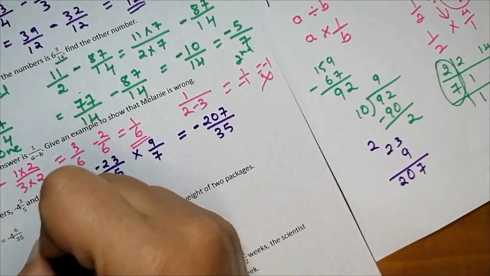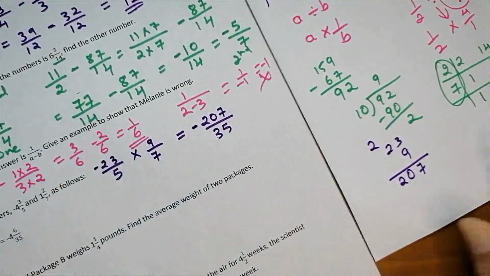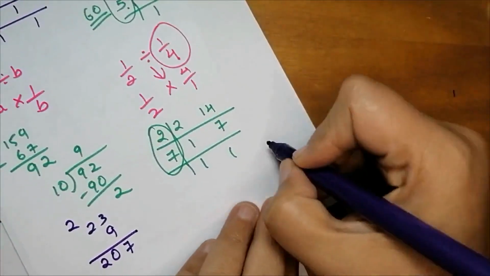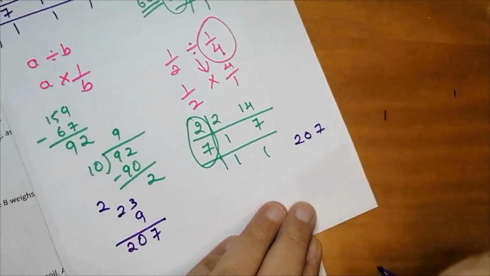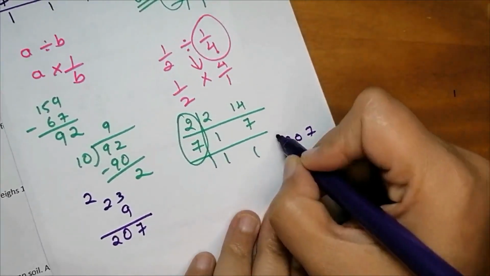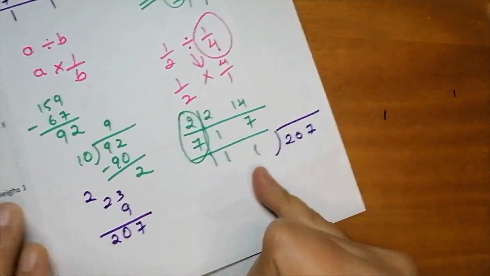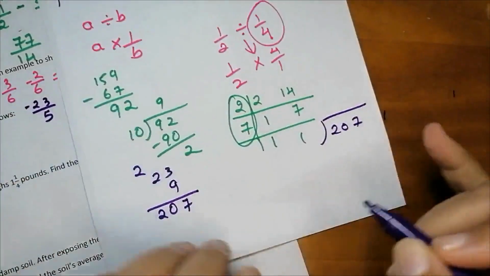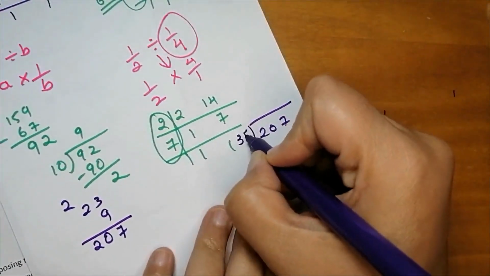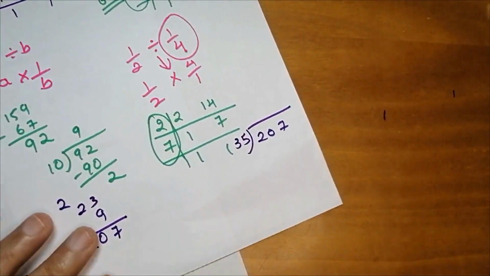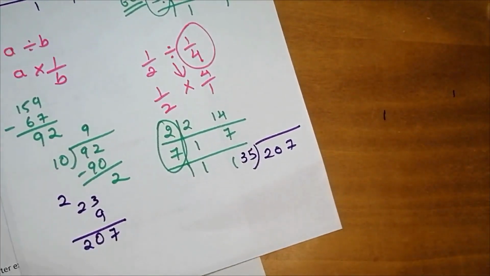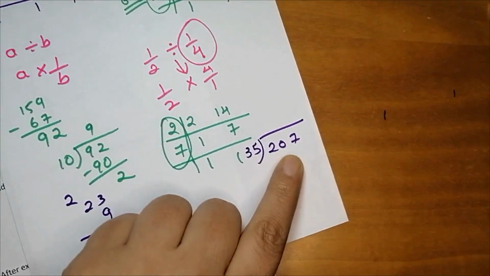So we can actually get into this mixed format. Okay, so how do we do that? We write here 207, then divided by, what is the denominator here? 35. So we divide this by 35. Okay, and then you start solving and you will get your answer. So this is 207.